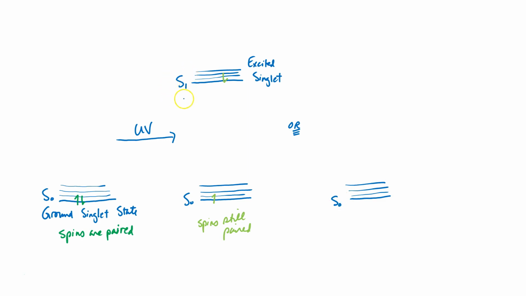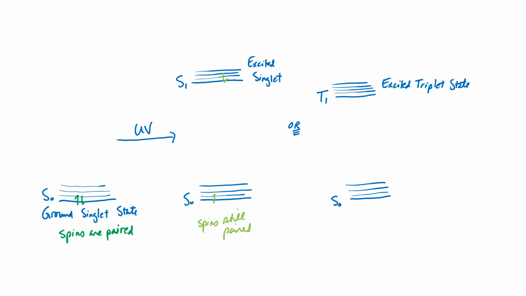Instead of going to this excited singlet state, again, under certain conditions, we can go to an excited triplet state. So this is the excited triplet state, and it is lower in energy than this excited singlet. Let me label it as T1. That's what we usually call it.